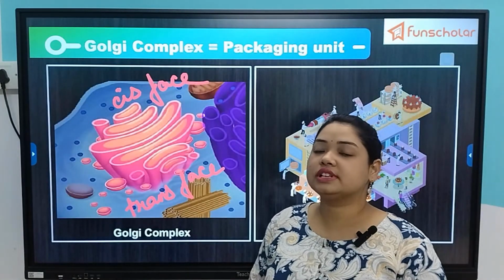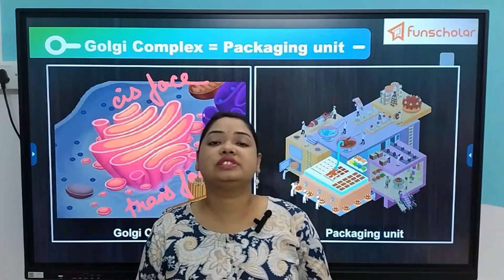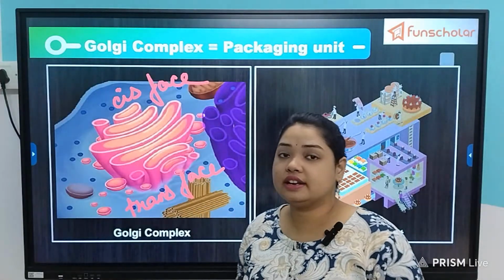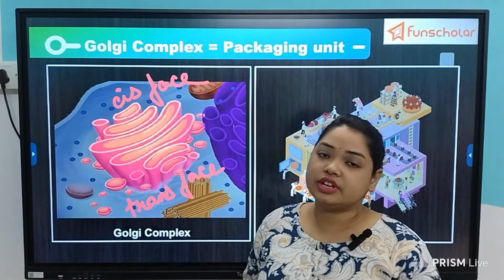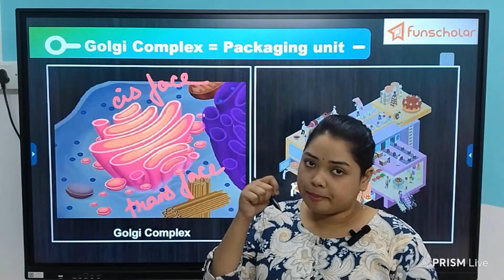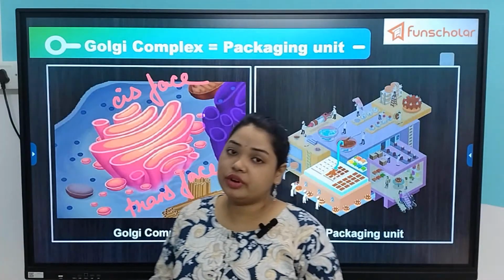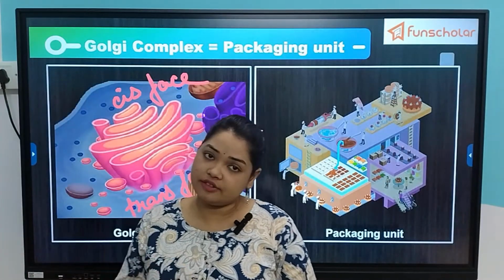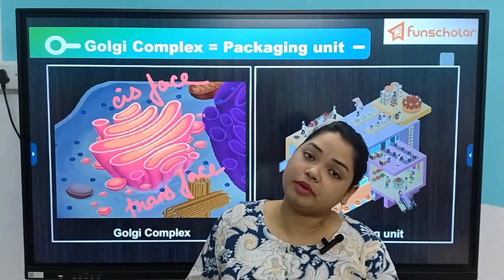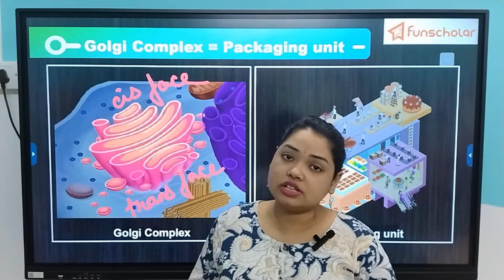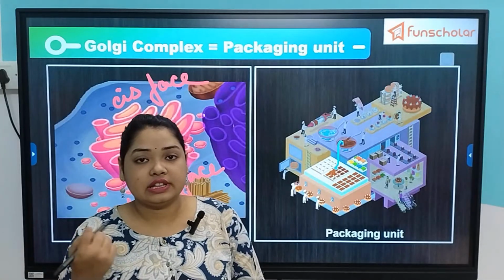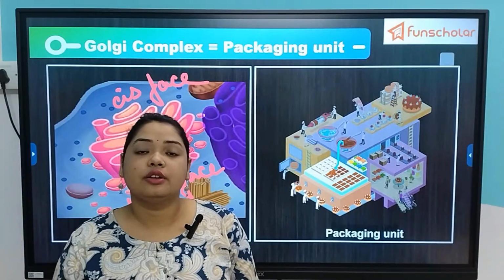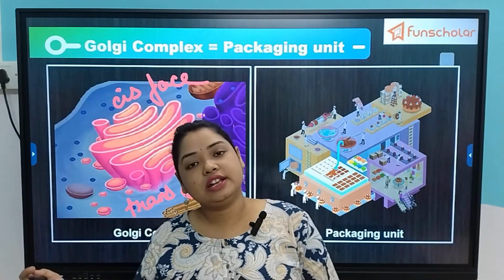Now, what are lysosomes? Lysosomes are also known as the suicidal bags. We all have heard the name. Why? Because they contain the digestive juices. So if any pathogen or any impurity enters the cell which will harm the cell, the lysosome will engulf it and also destroy that particular cell as a whole, because if that cell gets damaged, then the pathogens will spread from that cell to the neighboring cells.